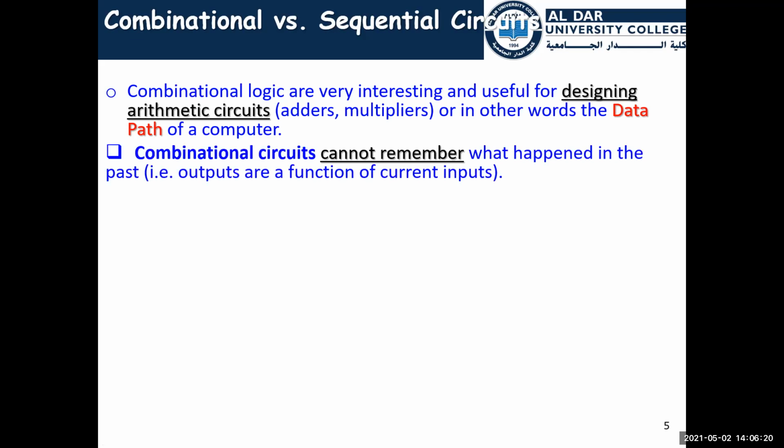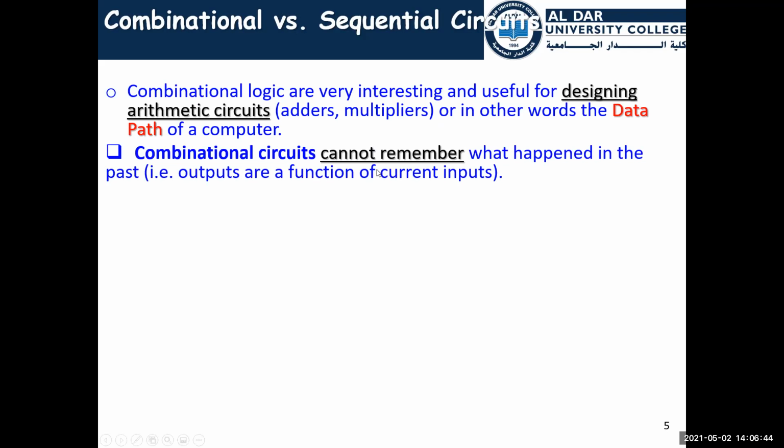As I always say to the students, we have two things. We can use one thing in its correct place and the other thing in its correct place. It means which place should I use the combinational circuit, and which place should I use the sequential circuit.